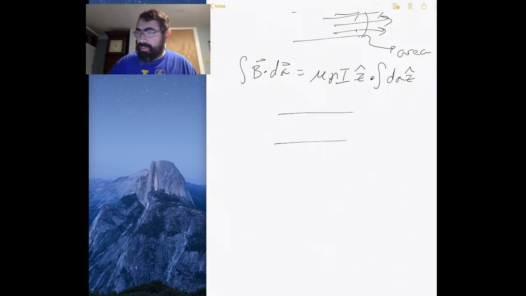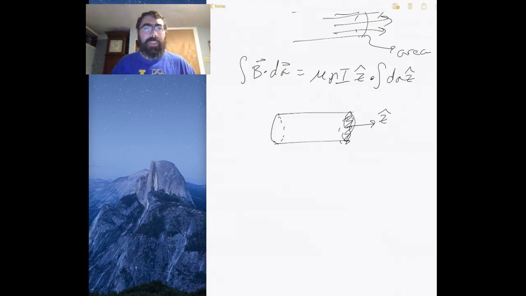So again, I'll draw the picture of this solenoid. This area here has a direction in the z direction. The magnetic field also happens to be pointing in the z direction, so they're basically parallel to each other.